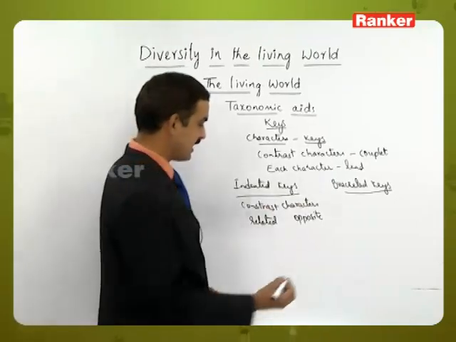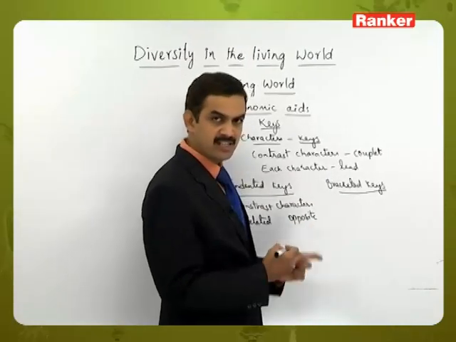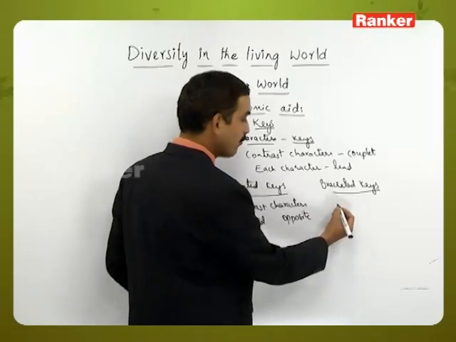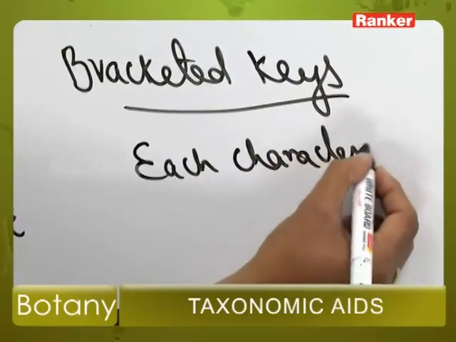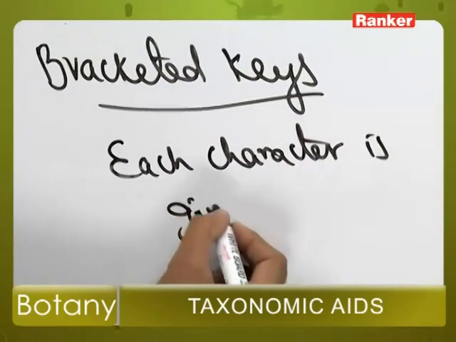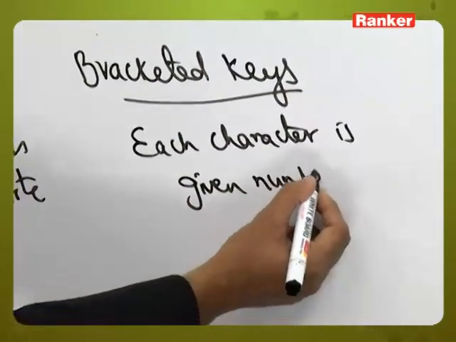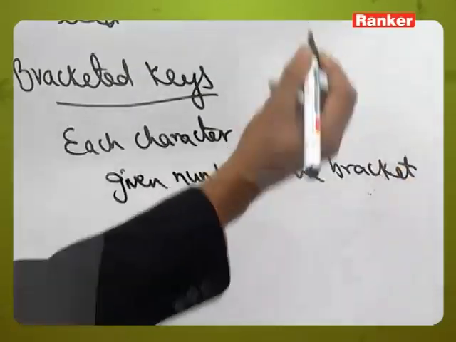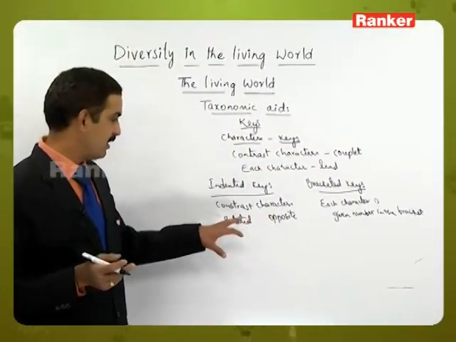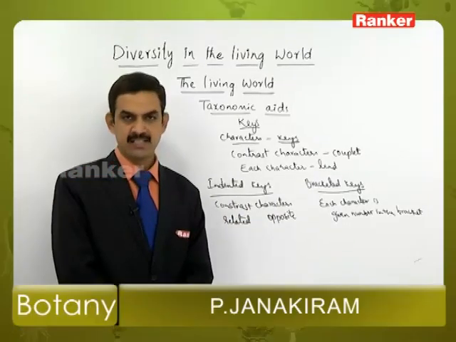Whereas in the bracketed key, there is no such separation as in the indented keys, but each character is given a number in the form of a bracket. That is the difference that can be seen between the indented keys and the bracketed keys.